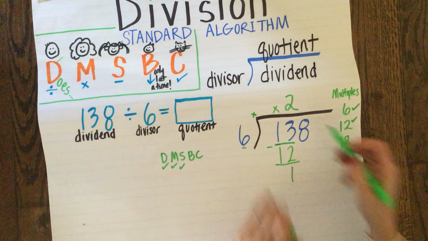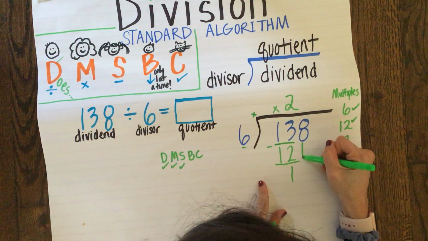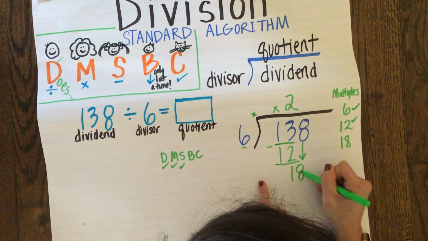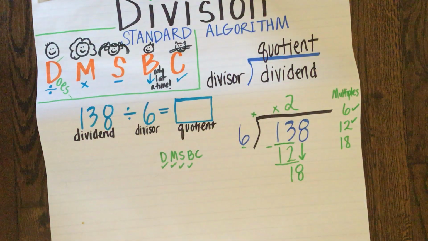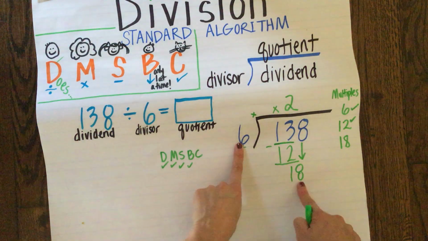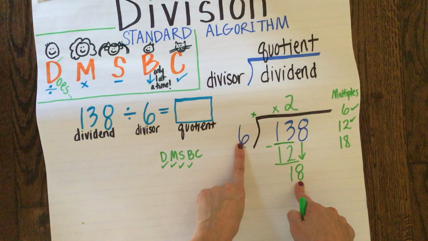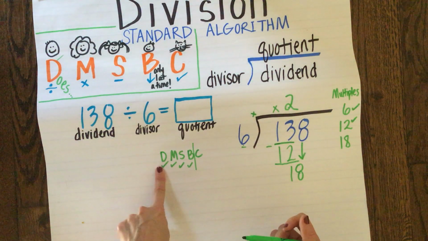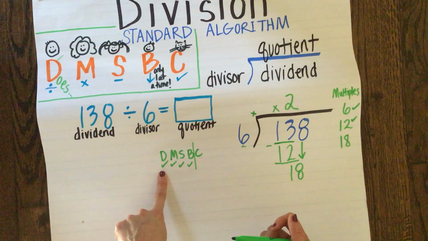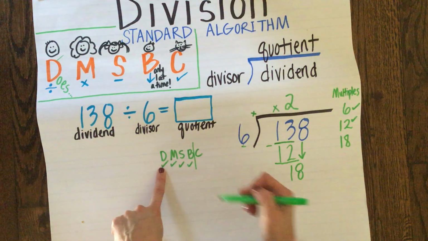I'm going to bring down the 8 and check. Check is kind of when I'm done. Right now, I'm going to put a line like that. I have to repeat right through these steps. D for divide.